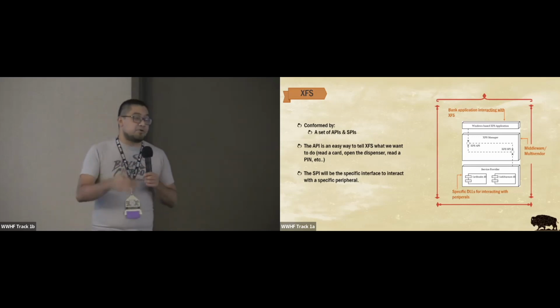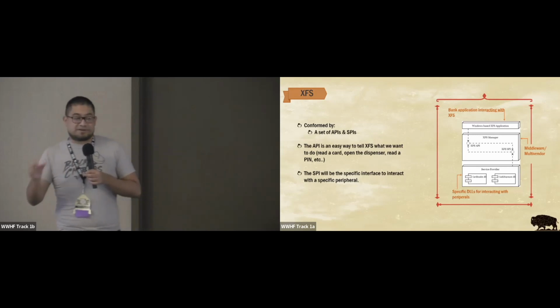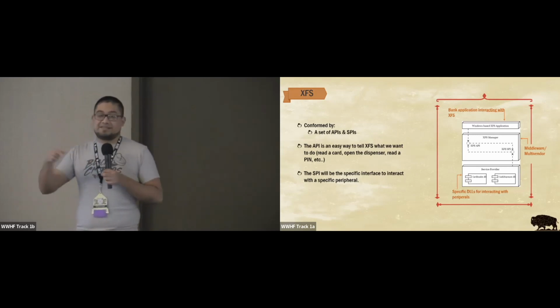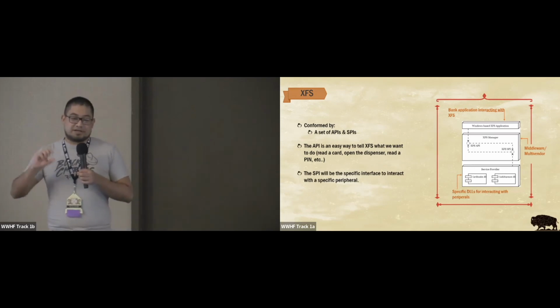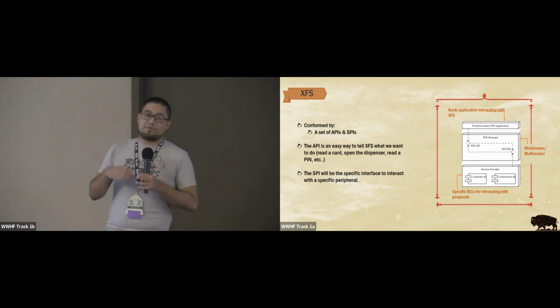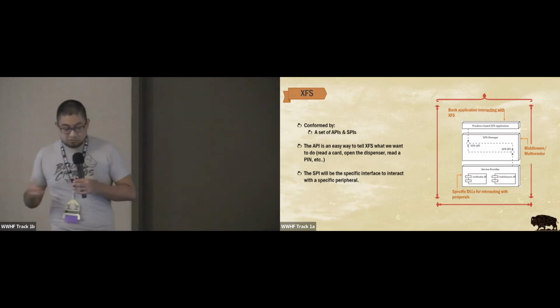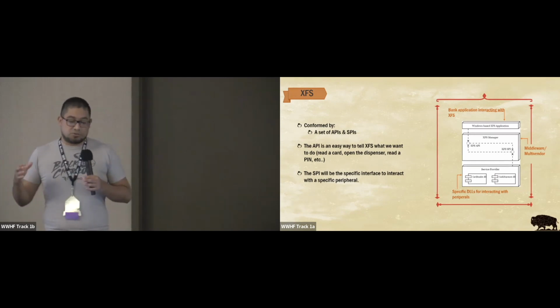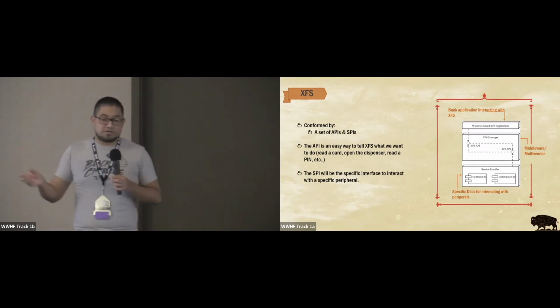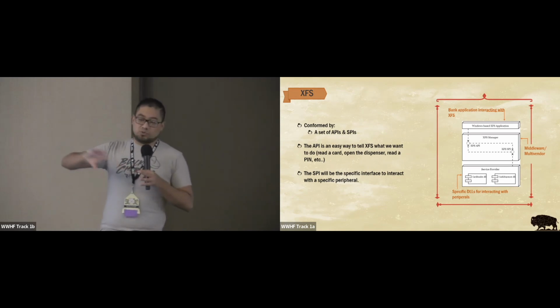Every ATM has its specific peripherals, and those peripherals have their specific DLLs. Because all of those ATMs with different brands and models have their own DLLs, it was really difficult to talk to each one. So they created XFS, this API, to talk to all of them.